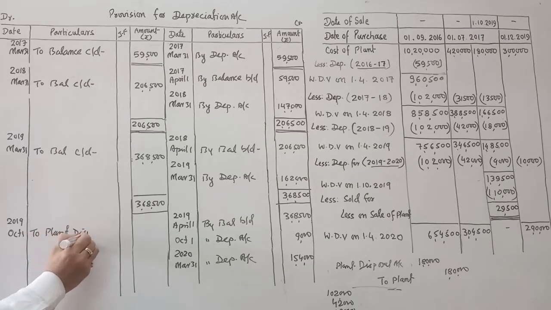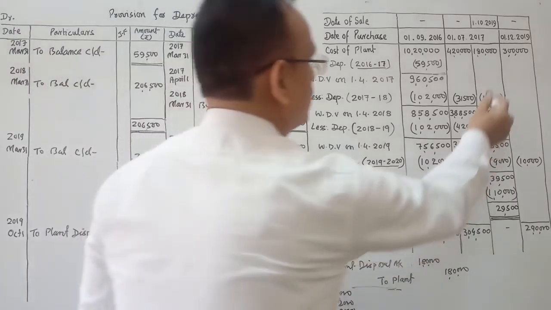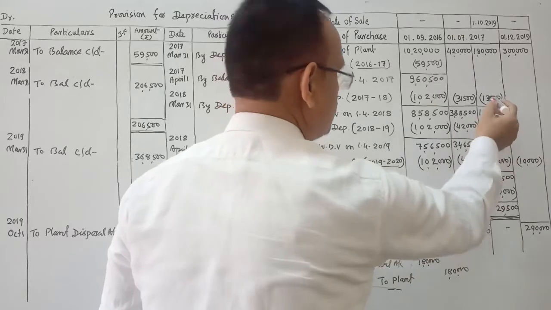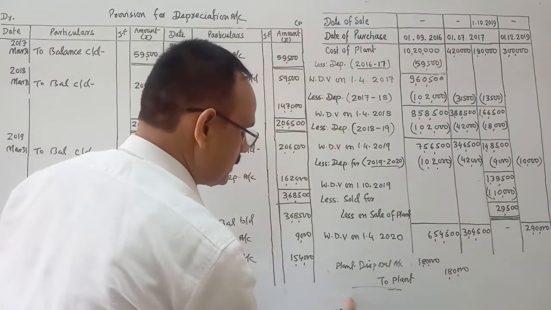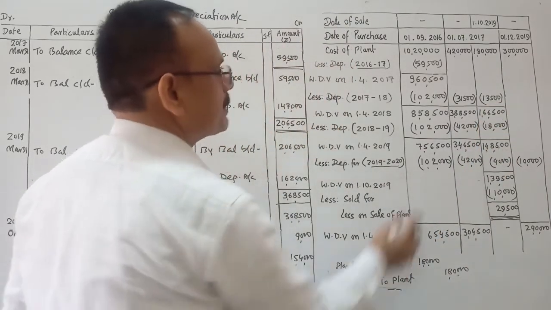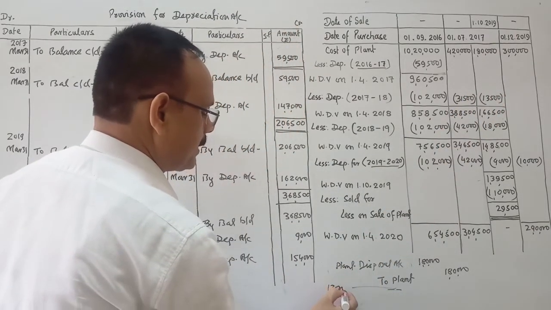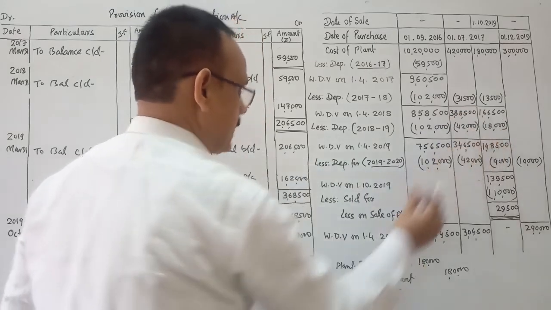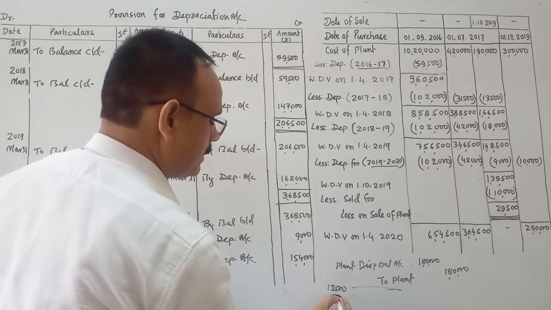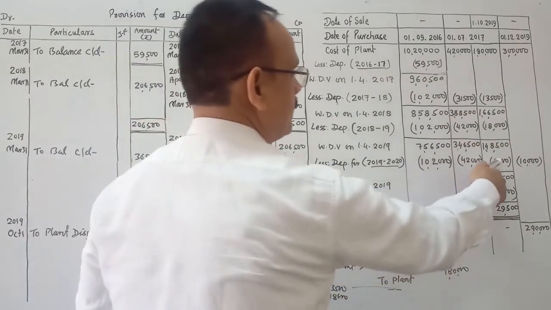Depreciation of this machine: first year 13,500, second year 18,000, third financial year 9,000.